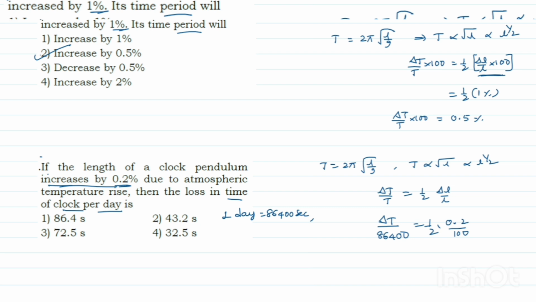The 100 and 100 get cancelled, and 1 by 2 into 0.2 becomes 0.1. So delta T is 86,400 into 0.1, which equals 86.4 seconds.